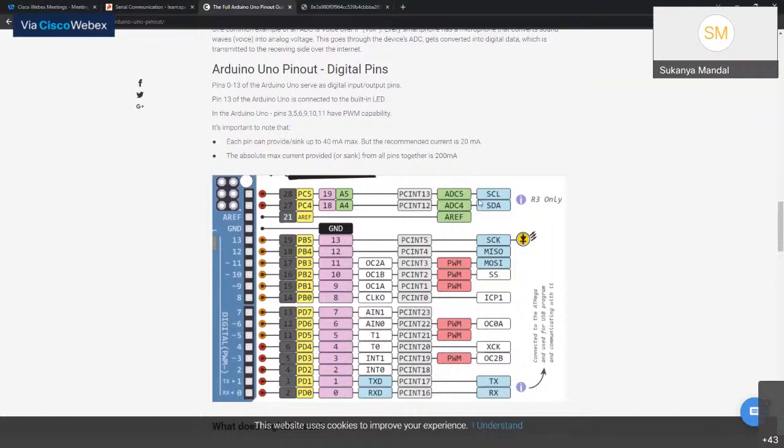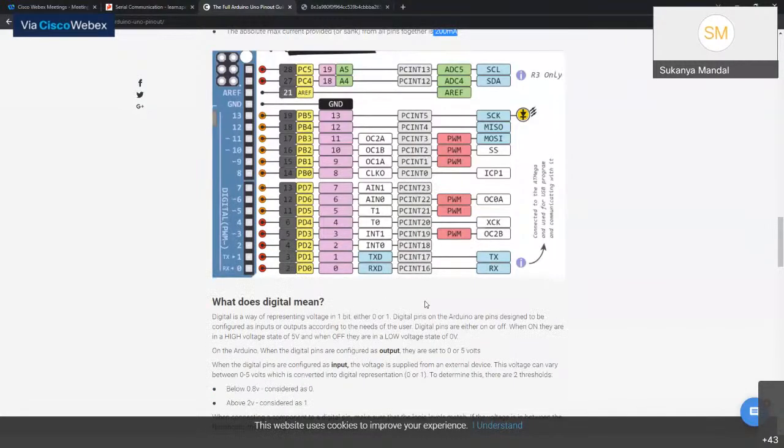Usually while sensor interfacing, it is advisable to go for 3.3 volt unless 5 volt is actually required. And the max voltage that can be applied by this board is 5 volt. The absolute max current provided from all the pins together is 200 milliamps.